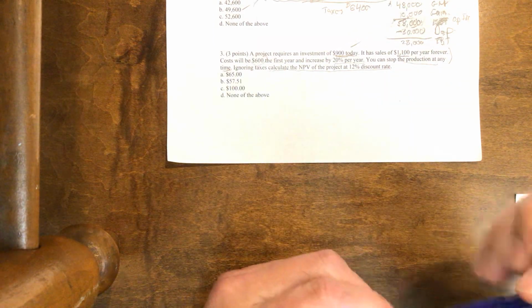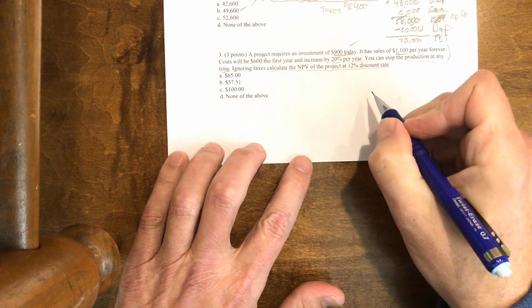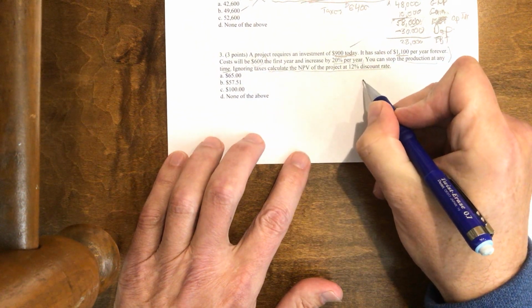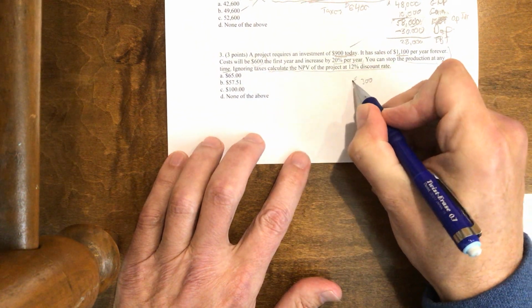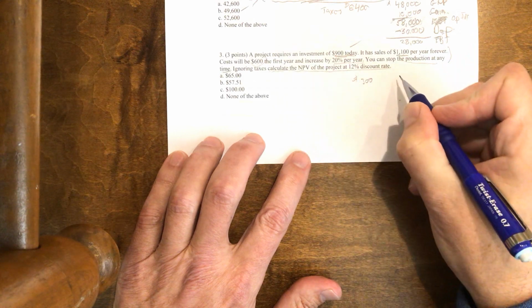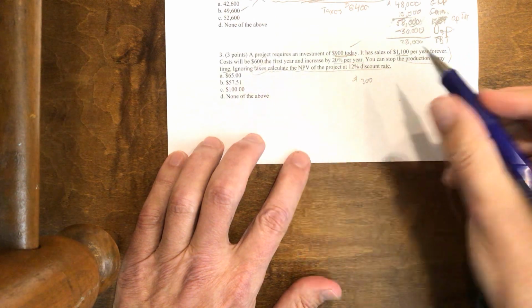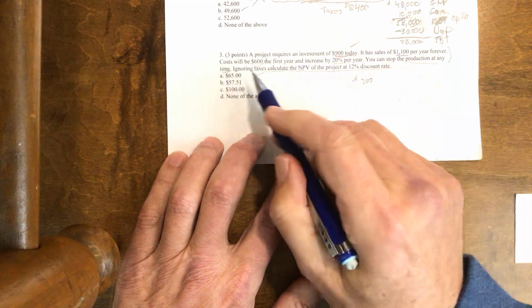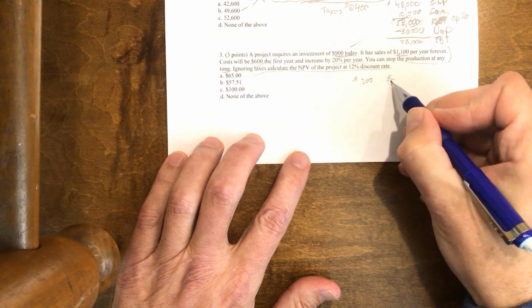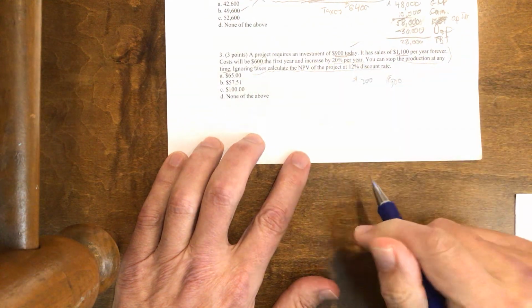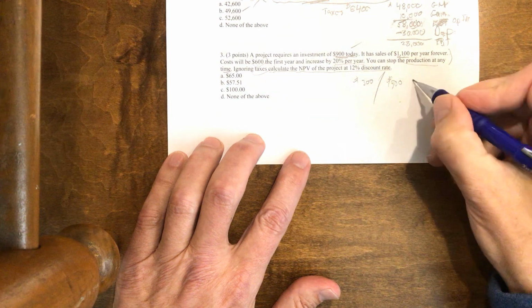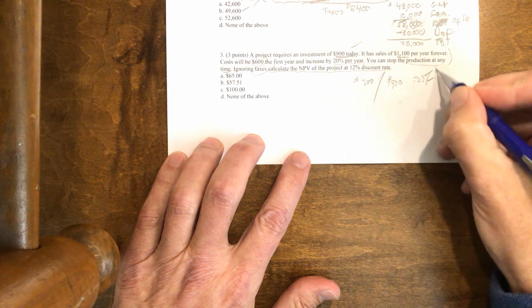So in year 1, you've got a $300 cash flow. It says ignore taxes. And you invested $900, so obviously you're getting more than your 12% return. You're getting a 33% return.